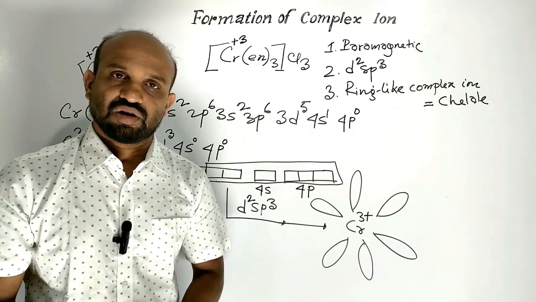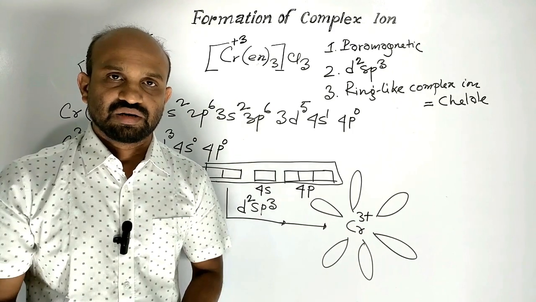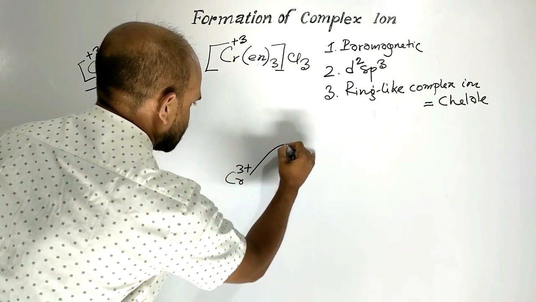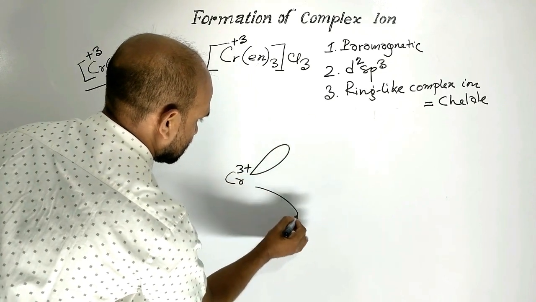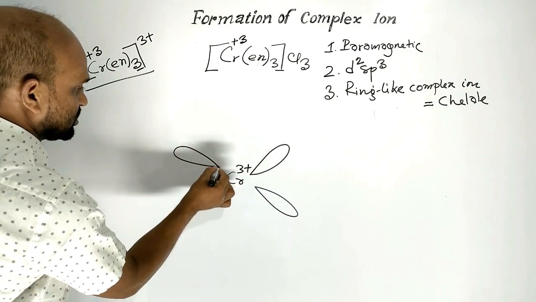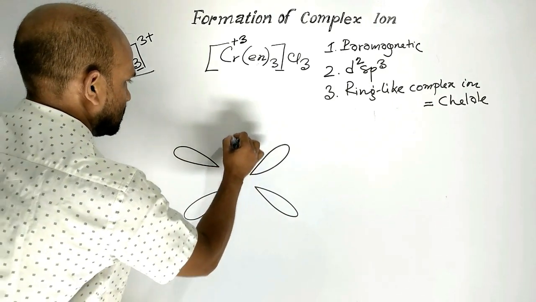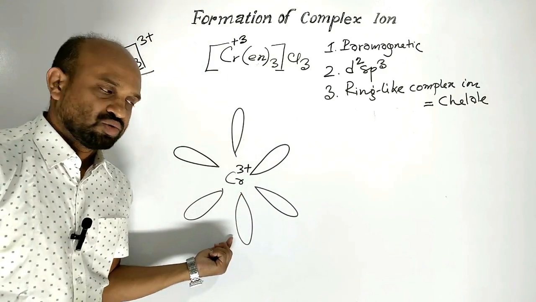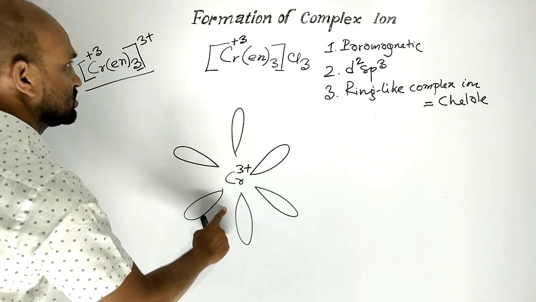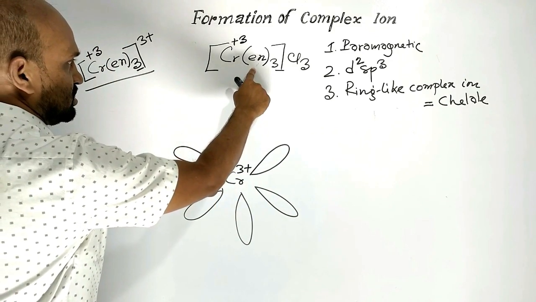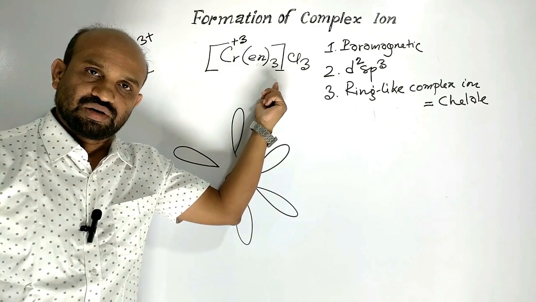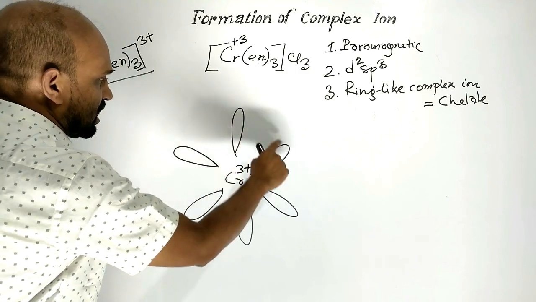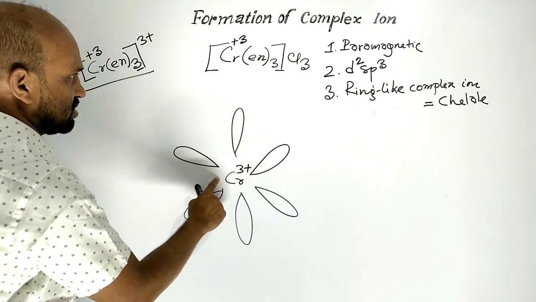Now let us see the formation of coordinate covalent bonds by the ligand N. Chromium 3 plus ion that experiences D2sp3 hybridization has a total of 6 hybrid orbitals. With these 6 hybrid orbitals, N, meaning ethane 1,2-diamine, forms coordinate covalent bonds to the hybrid orbitals of chromium 3 plus ion.